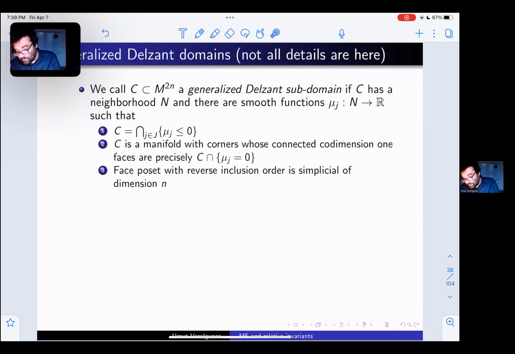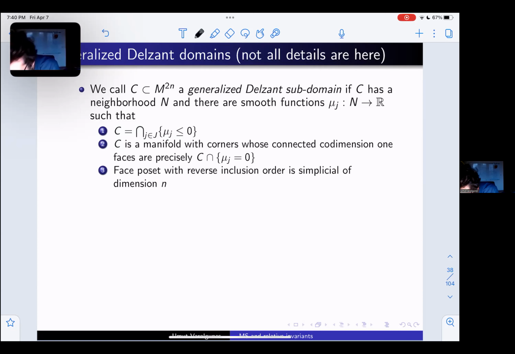And so the face poset of this manifold with corners should be simplicial. This is not actually that big of a condition. It just says that if you have a codimension K face, that should be given by the intersection of K codimension 1 faces, because that's what it means for it to be simplicial.